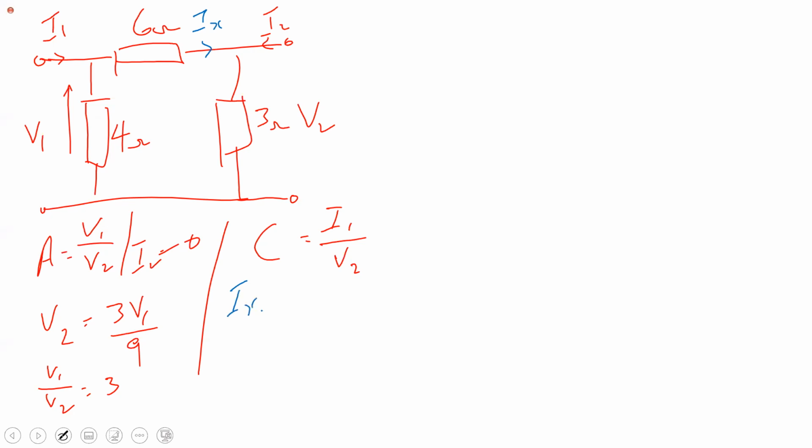So IX is equal to 4 I1 over 13, and V2 is equal to 3 IX. So we have 12 I1 over 13, which means therefore that C, which is I1 over V2, would be 13 over 12.